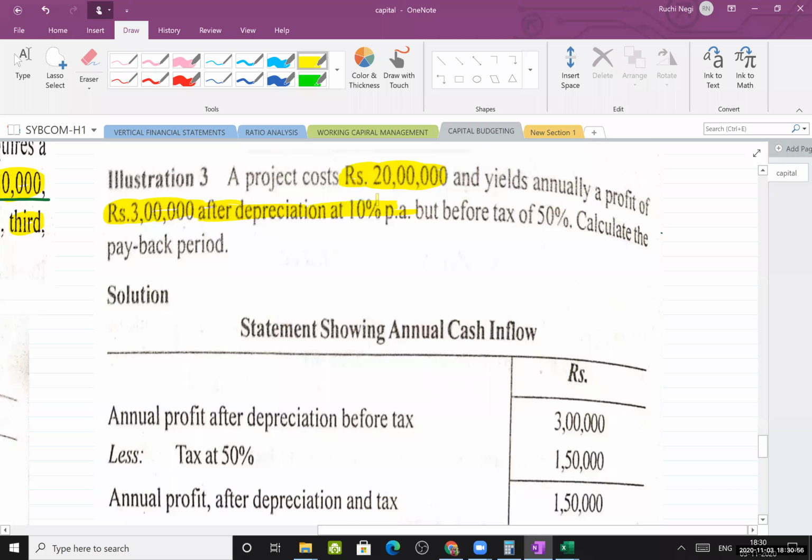Okay, but before tax, the profit which is given to you is EBT, earnings before tax. Calculate the payback period. Now they want you to calculate the payback period based on this.